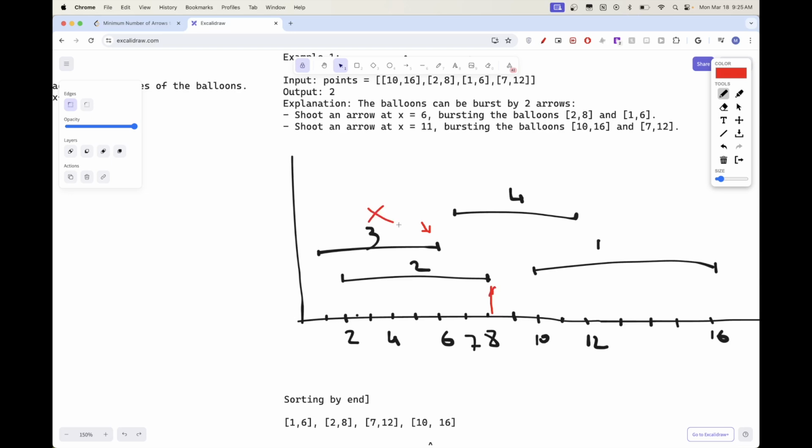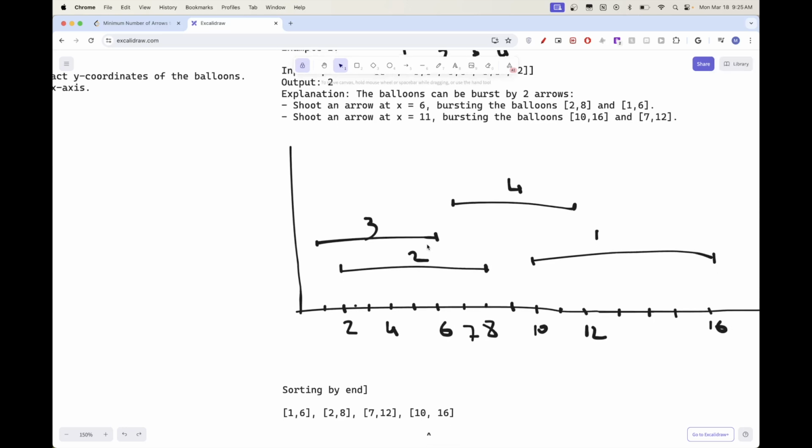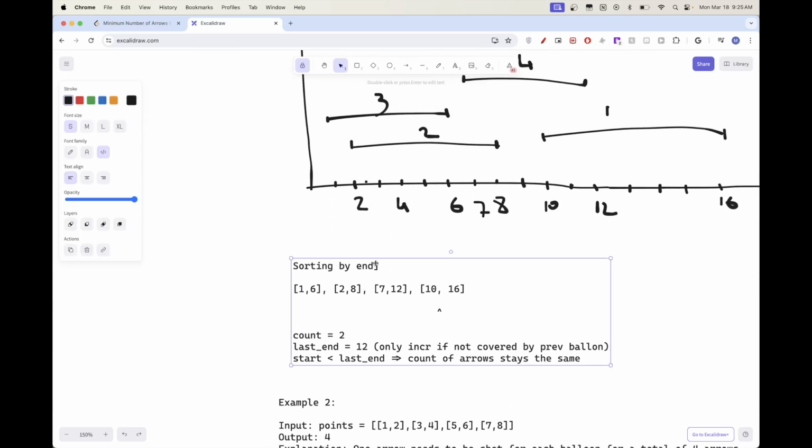And that's exactly your intuition, the intuition to sort by end positions, because I can take advantage of that and use the last position for the smallest end, and use an arrow there, because if that balloon intersects with any other balloon, that will touch it, that will burst it, and just keep doing that. And so that's where the idea of sorting by the end position comes in. So that's what we'll apply.